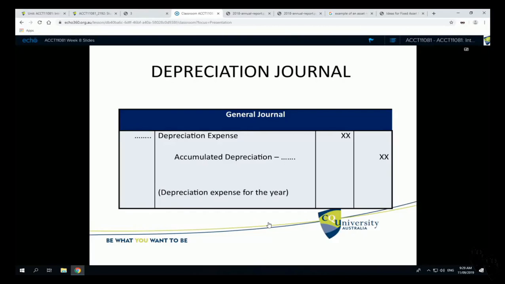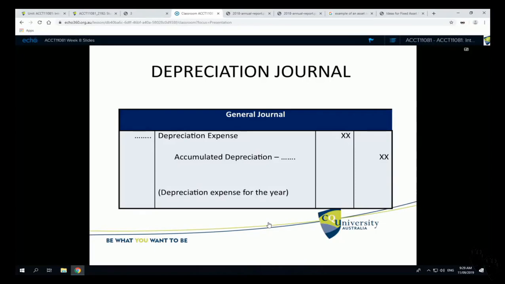You're moving that portion of the asset off your balance sheet onto your income statement. That's all this journal entry does. And how you move it off the balance sheet is through that contra account of accumulated depreciation. So you don't actually touch the cost, you sit it there as a contra asset underneath called accumulated depreciation.